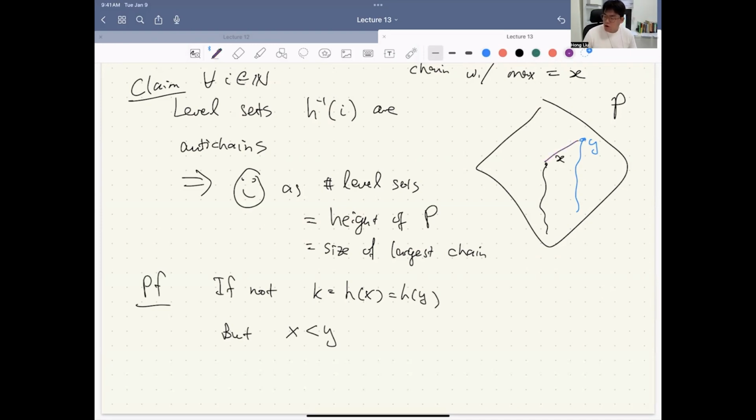X is less than Y, but the longest chain ending at X and the longest chain ending at Y are both of size K. Here's a contradiction. Then I go through this chain, Y to X, and then the longest chain. This is still a chain. It has size K plus 1, contradicting the height of Y being K. That's it.